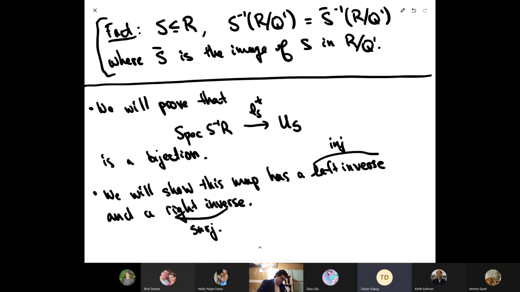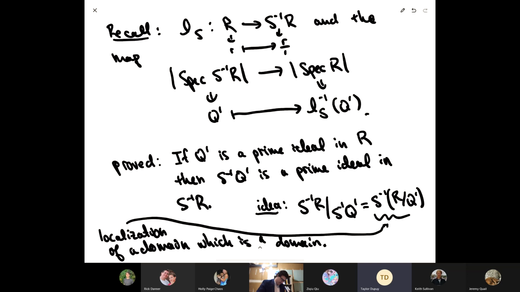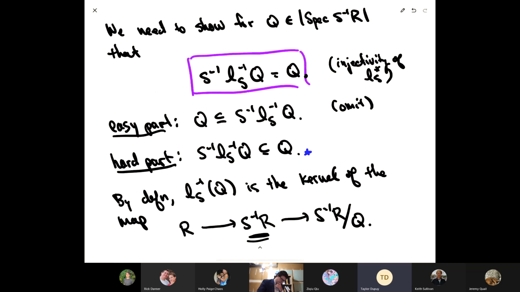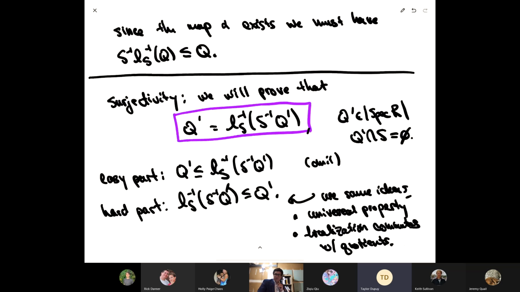So that proves that this map is a bijection. And this allows you to identify the prime ideals of the localization as the prime ideals of this ring which don't intersect the multiplicative set. That's what we proved.